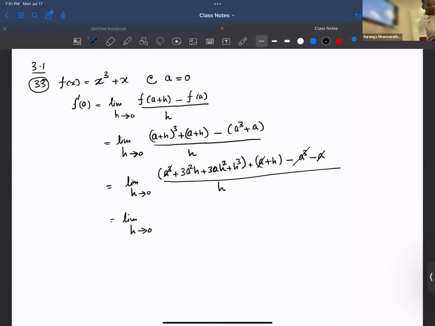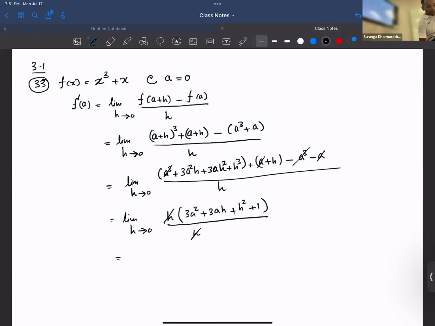If I take h out, this is 3a squared plus 3a h plus h squared plus 1, divided by h. And you can cancel this h.